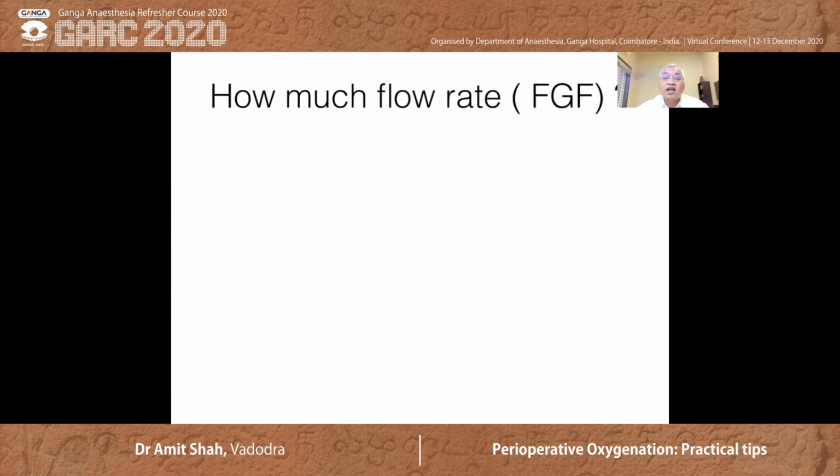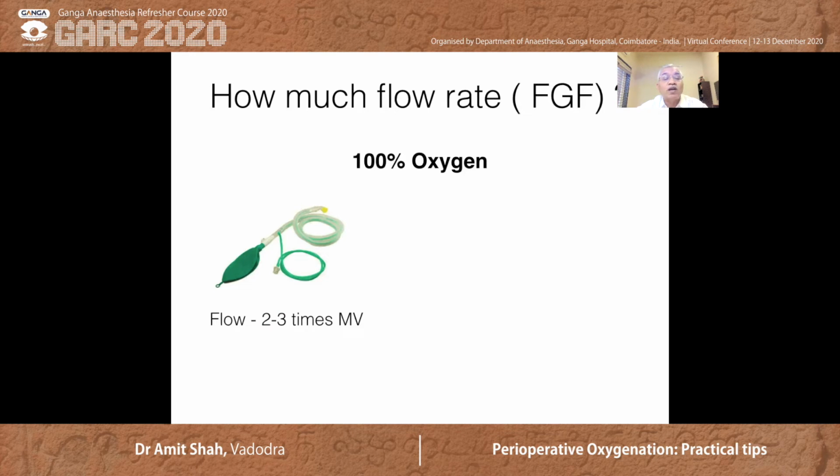Now, after considering the duration and the mask seal, what should be your fresh gas flow rate? If you are using open circuit, you don't need to prime that circuit. You can straight away start oxygen, but adequate oxygen flow rate or fresh gas flow rate to avoid rebreathing is 2 to 3 times of minute ventilation in case of open circuit.